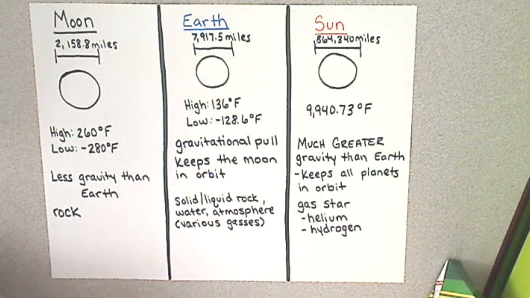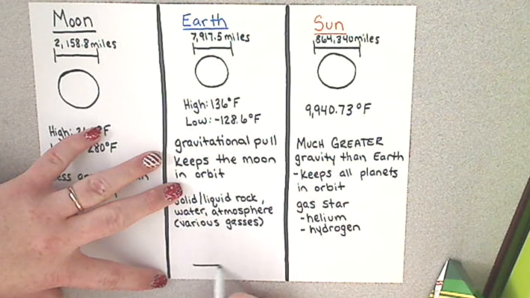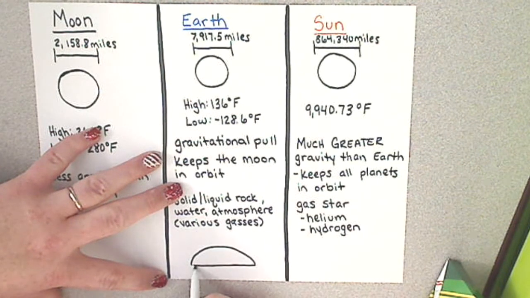Okay, so to do this, we are going to kind of create a two-dimensional pie cutout of each of these. So I want you to draw basically a shape like that.